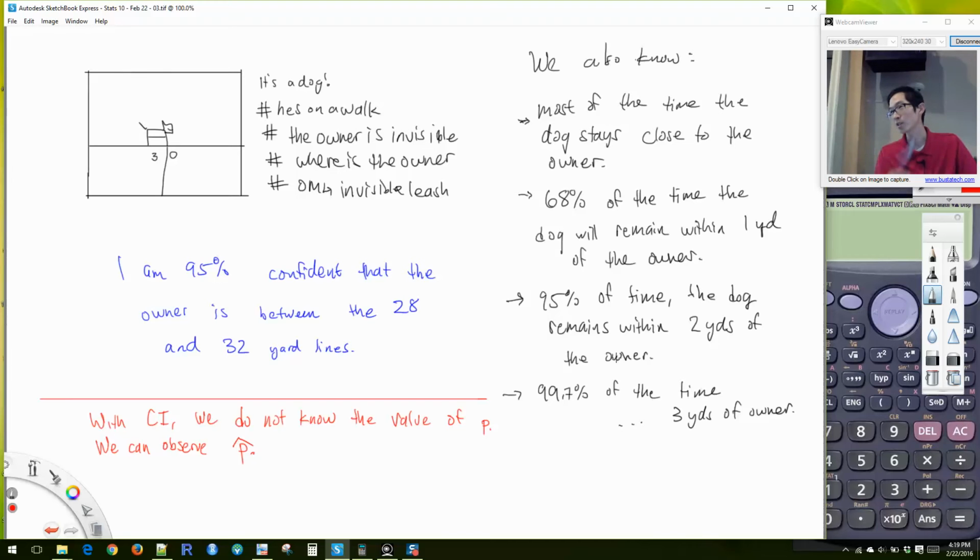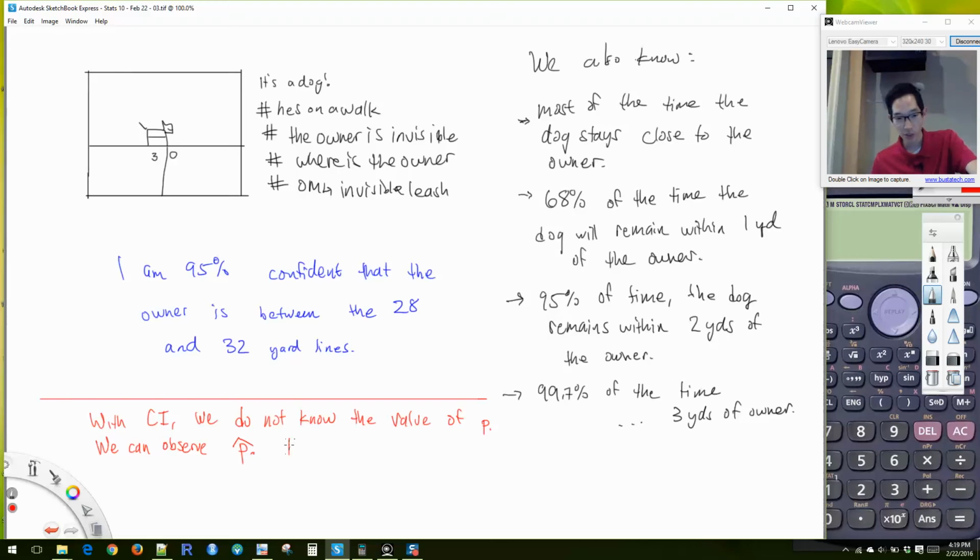Okay, so from that we know 68% of the time p hat is within one standard deviation of p. 95% of the time p hat is within two standard deviations of p, and 99.7% of the time p hat is within three standard deviations of p. So we can observe p hat.